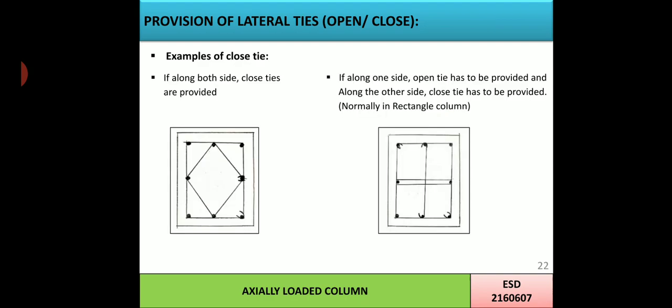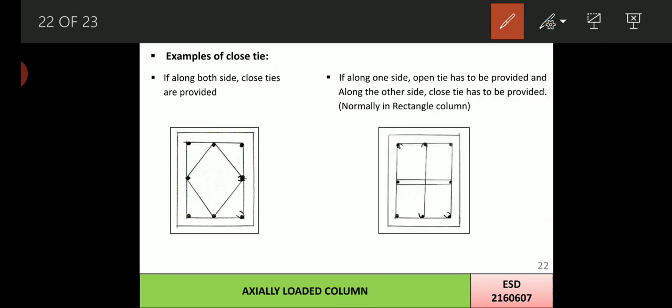Now first one, if along both sides closed ties are provided, say first one is, as I said, along the periphery, say this one, while another, that is this one. Usually such kind of system is provided in square column. While talking about rectangle column, usually along the longer side 2 open ties are provided, while along the shorter side usually one closed tie is provided. For example, say this one is our closed tie, say this one.